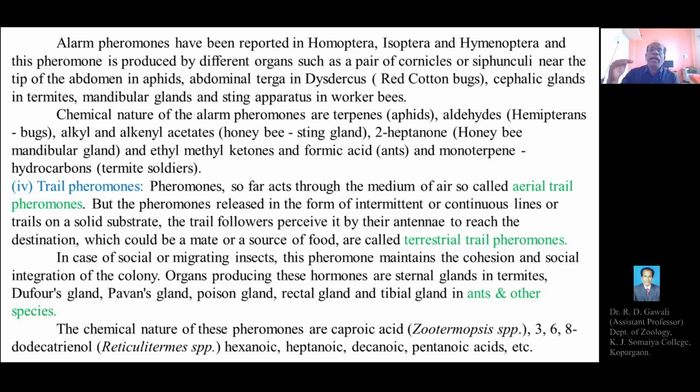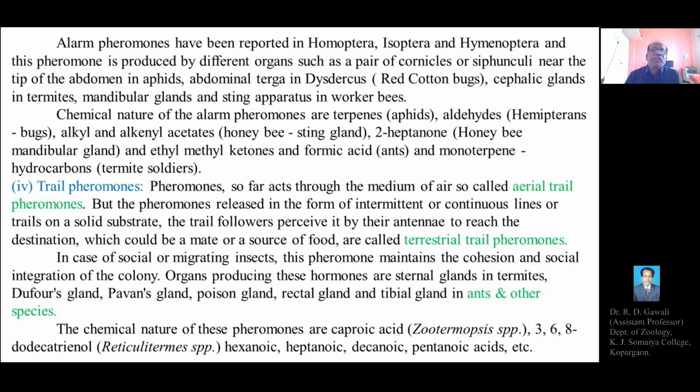Then cephalic glands, or the head glands, secrete the alarm pheromones in termites. Then the mandibular glands and the sting apparatus of the worker bees secrete the alarm pheromones. So, the chemical nature of the alarm pheromones.